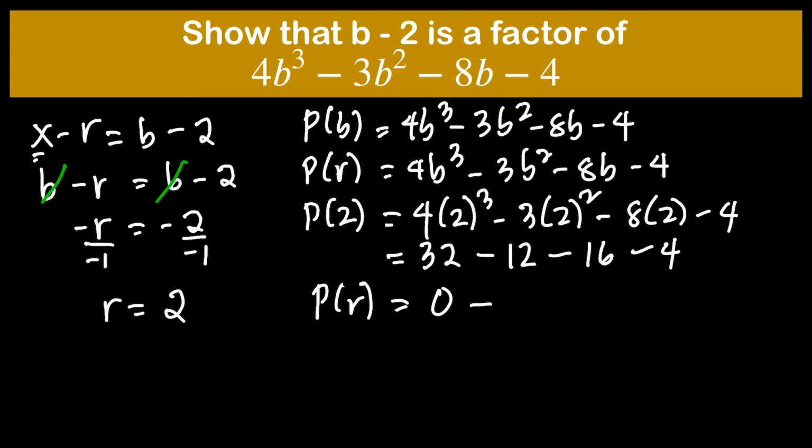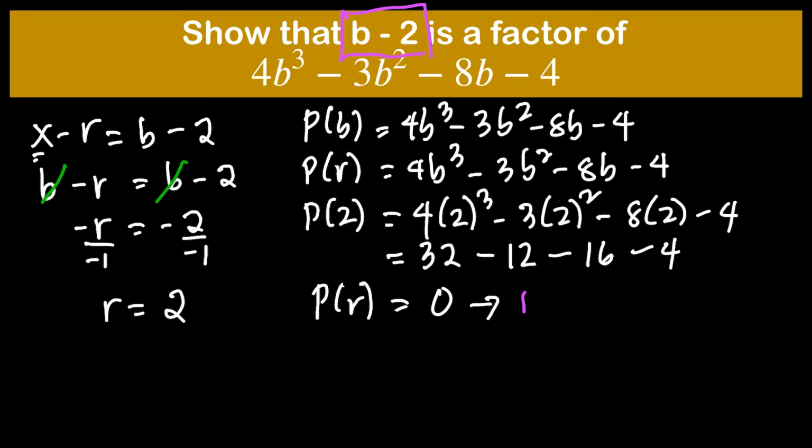And since our p of r is equal to 0, this means that b minus 2 is a factor of 4b cubed minus 3b squared minus 8b minus 4.